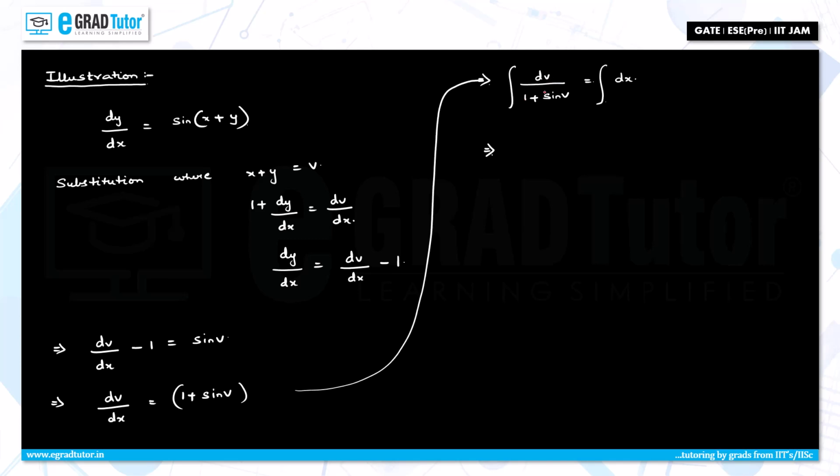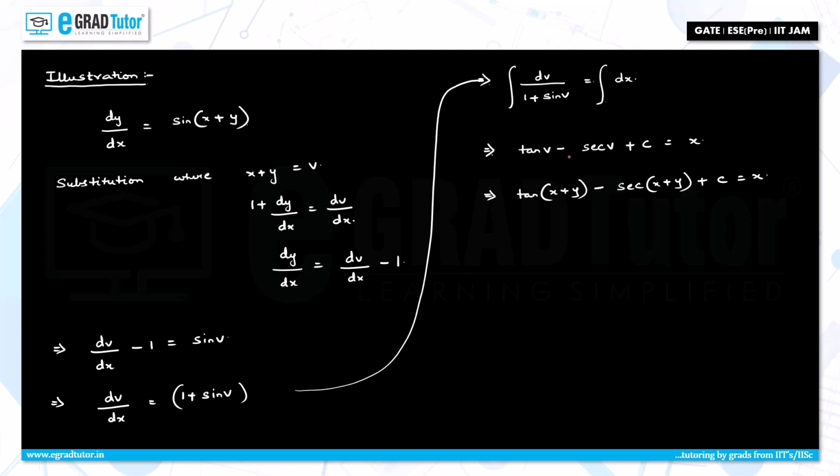What is the integral of dv by 1 plus sine v? This is nothing but tan v minus secant v plus c is equal to x. Now what is v? v is equal to x plus y. So this is tan of x plus y minus secant of x plus y plus c is equal to x. You may ask me, how did you suddenly get the integral of dv by 1 plus sine v as tan v minus secant v plus c?